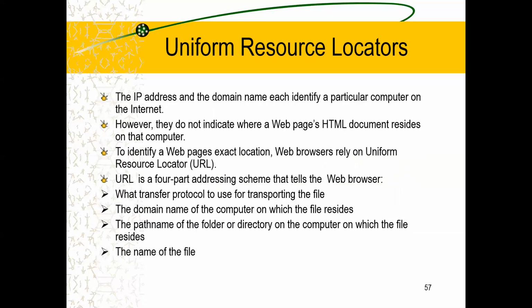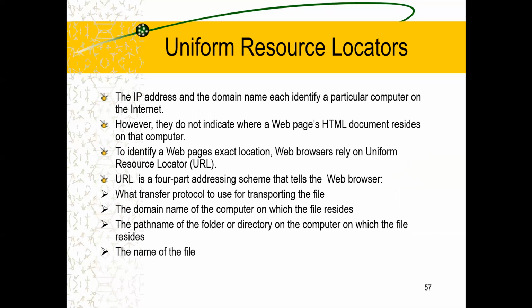Okay, so the uniform resource locator. The IP address and the domain name each identify a particular computer on the internet, but they do not indicate where the web page HTML document resides on that computer.